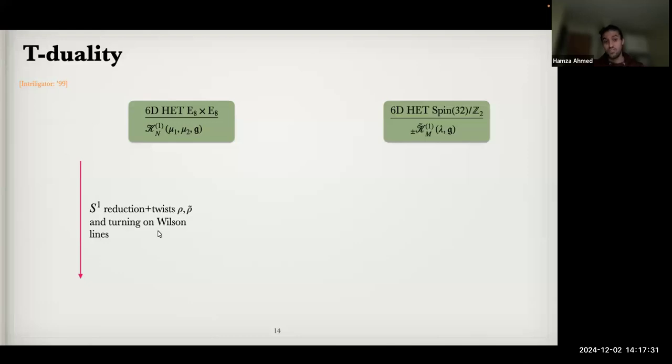And then you can also obviously turn on the Wilson lines, which break these E8 times E8 and SO(32)s. You can encode this schematically in these maps here. These maps basically take you from a 6D theory plus the data that you switch on to the 5D theory.